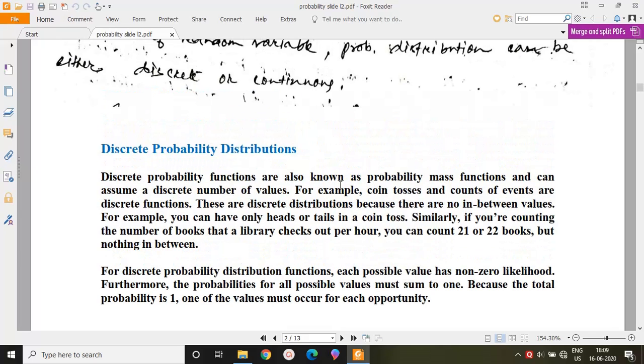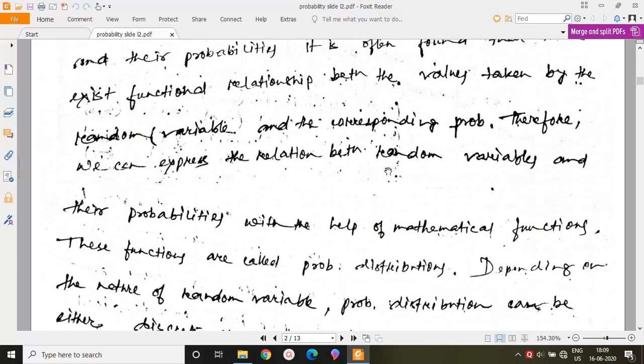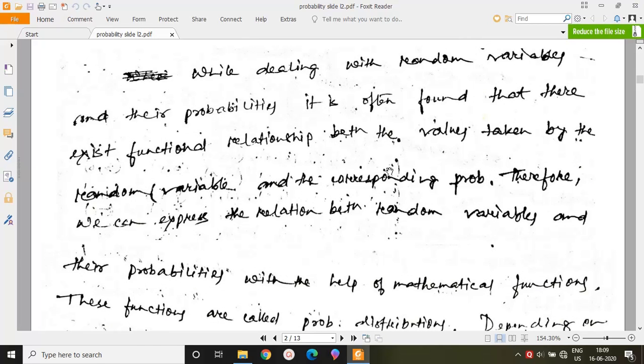Again, as I told you, there are two types of random variables in numerical way. One is discrete and one is continuous. So discrete values will have discrete probability distributions, and for the continuous case you will have continuous probability distributions. In simple language, there is a function, and this function corresponds to the probabilities taken by a random variable.